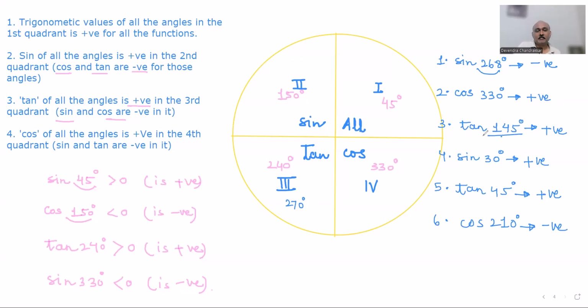It is in the second quadrant. मैं कुछ और ही सोच रहा था. So 145 is in the second quadrant, so this is negative. The answers are: negative, negative, positive, negative, positive, positive, negative. मैं उसको 45 लिख रहा था. चलो, done.